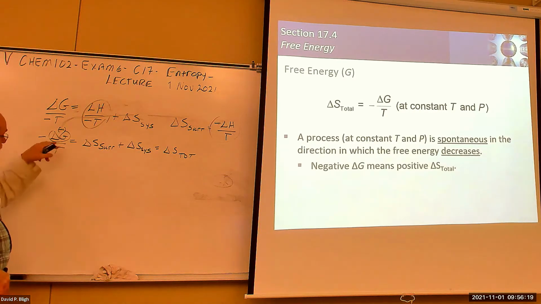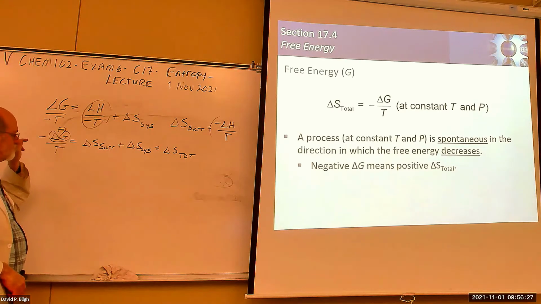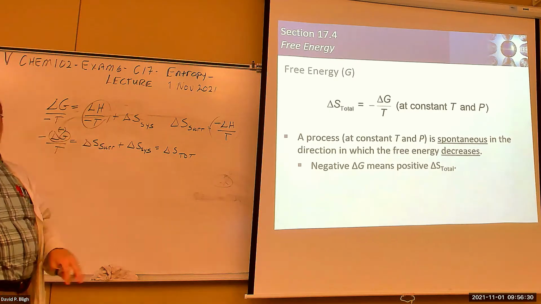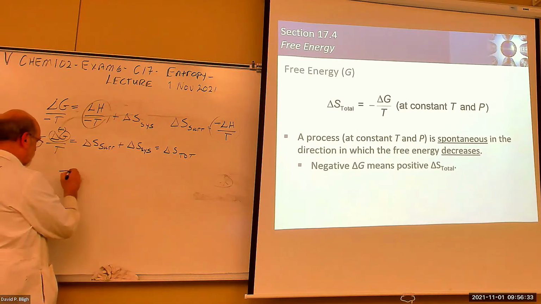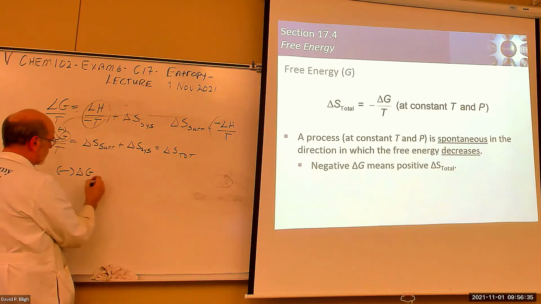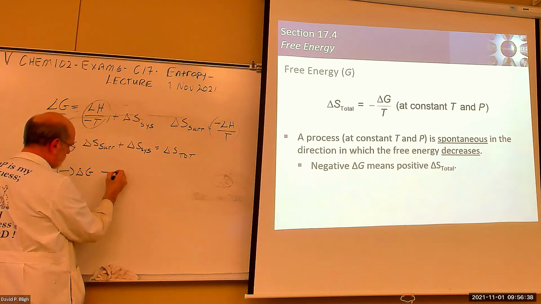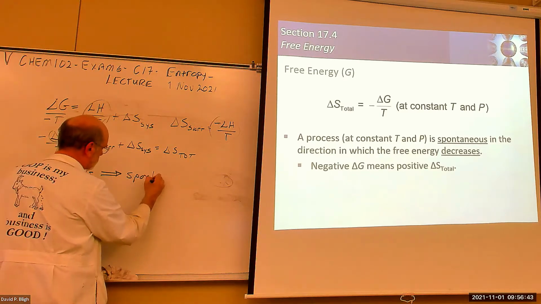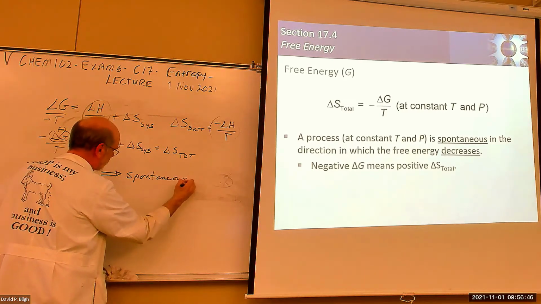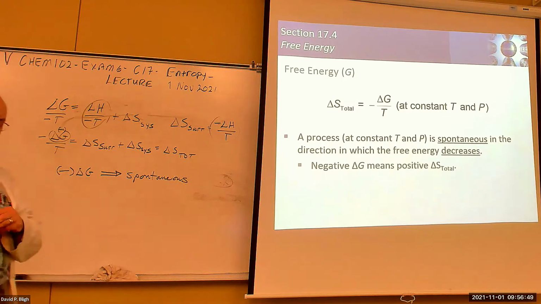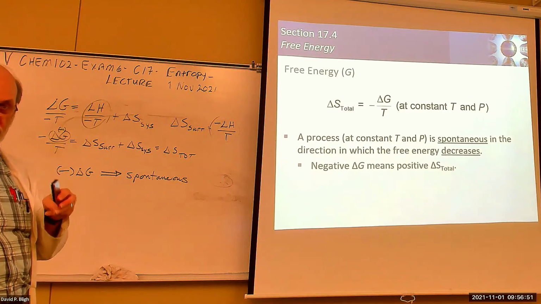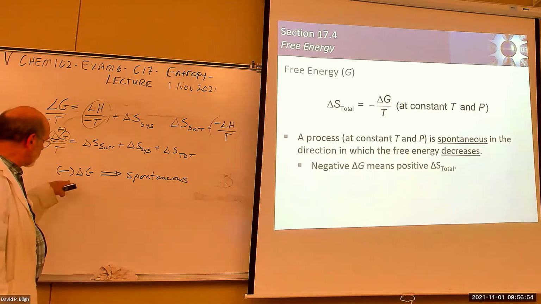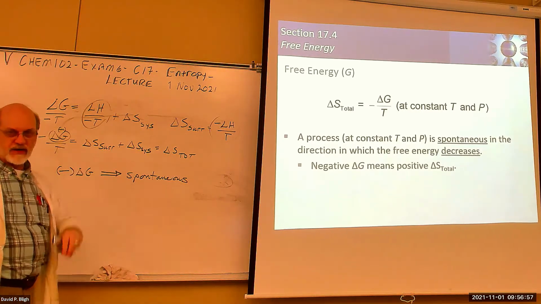So all we're saying is negative delta G says a spontaneous reaction. If the sign on delta G is negative, that says spontaneous. So now we've got two ways to look at it. If delta S total is positive, we've got a spontaneous reaction or process. Negative delta G is also spontaneous.